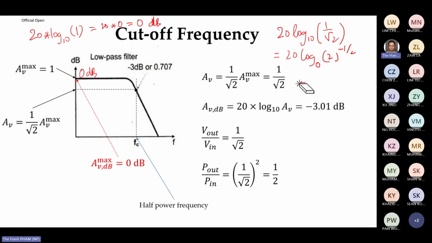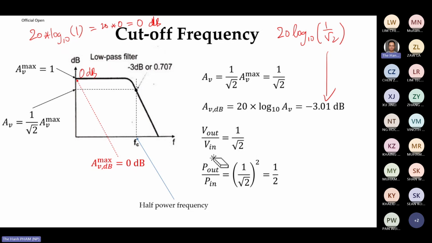Or if you have a calculator, you can just use it to determine this value. This one should be minus 3 dB, right? So if you go down to 1 over square root of 2, then V out over V in is also 1 over square root of 2.